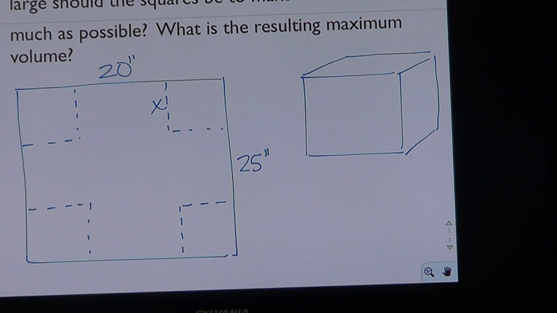So this is going to be like the length. This would be the width of the box. And the x would be the height. So how can I write an expression for the length of the box?